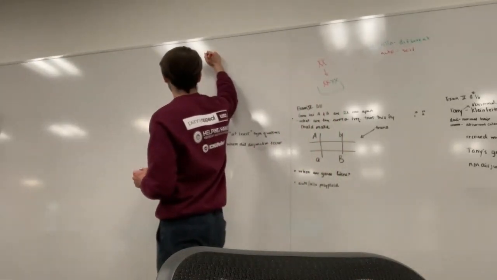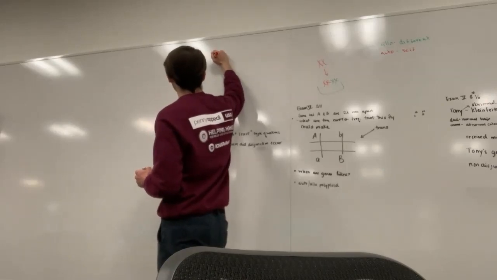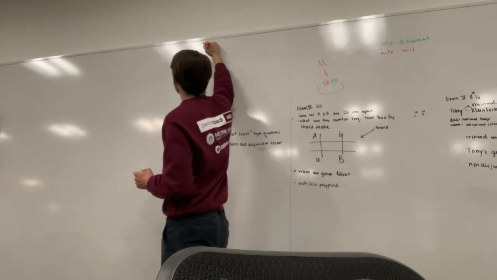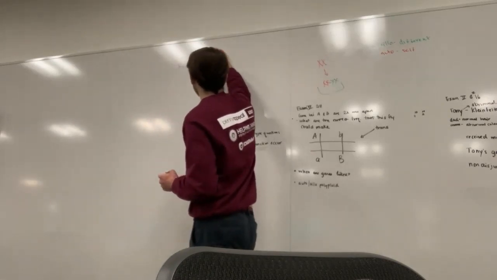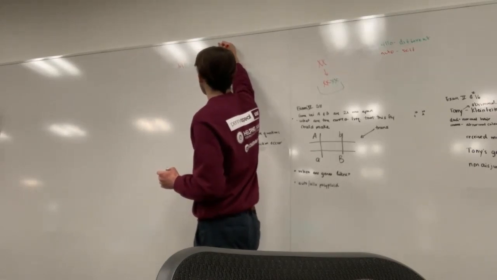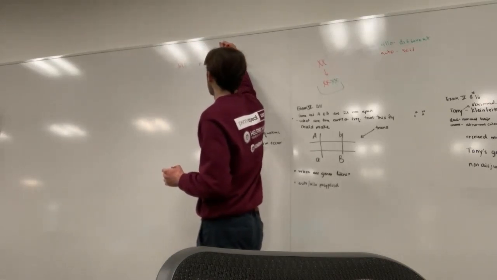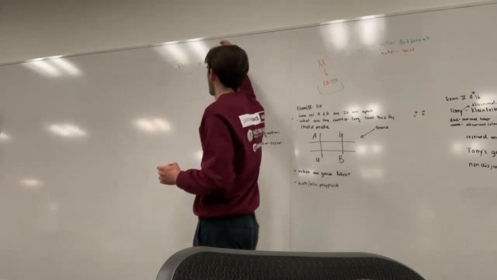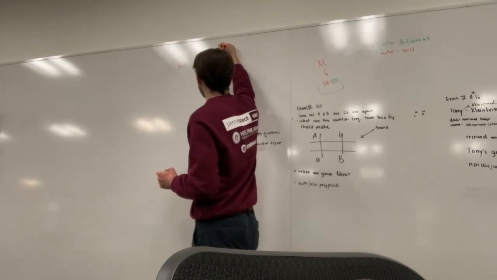So in meiosis 1, we have our prophase, and let's say we started out as 2n equals 6. From that phase, they align in the center.